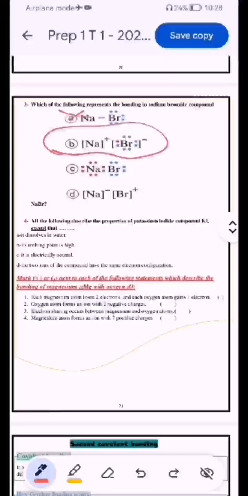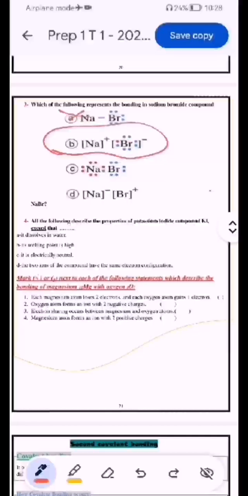But number D is false. Why? Because the dots are not written here, the Lewis dots around Br are not written. So the correct answer is B.